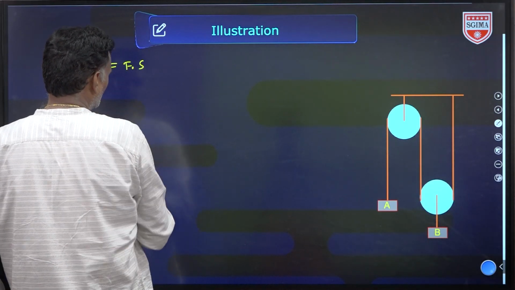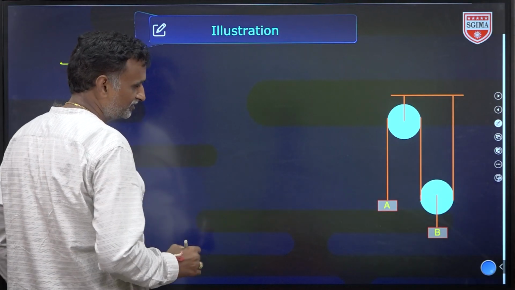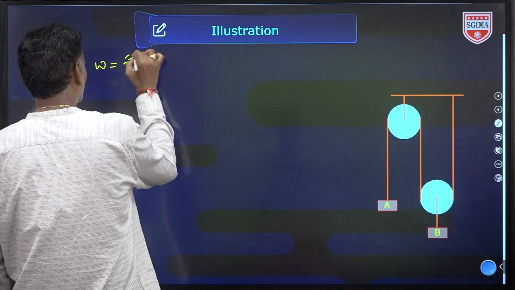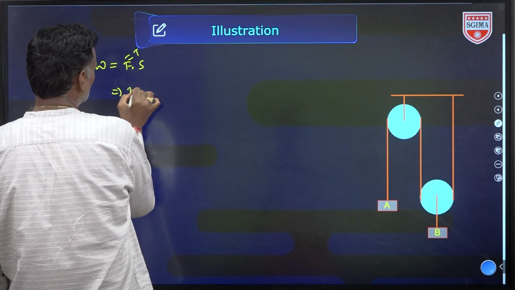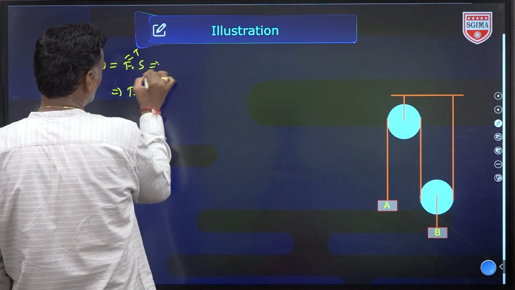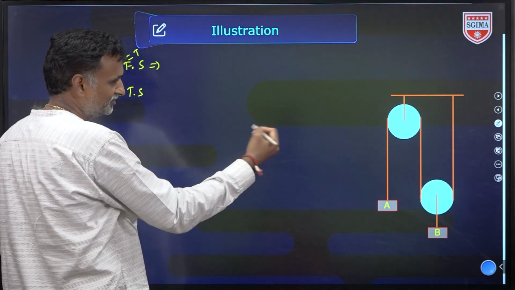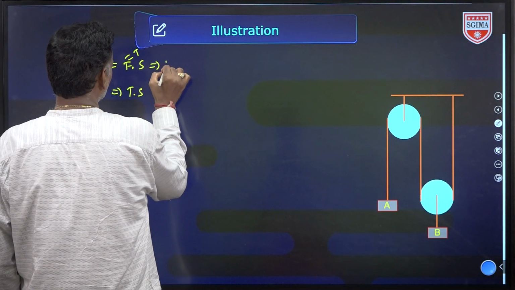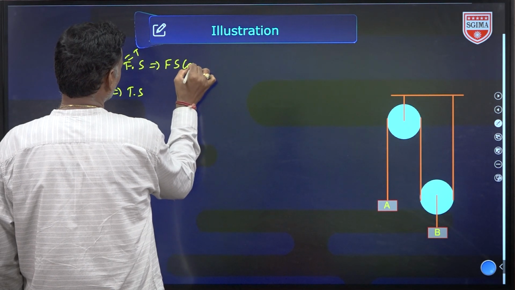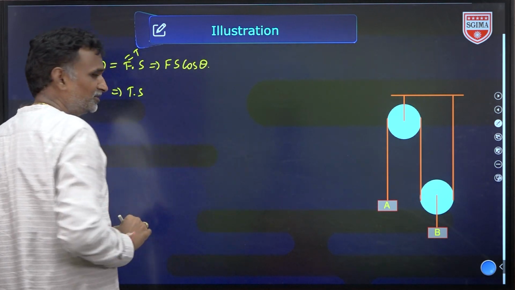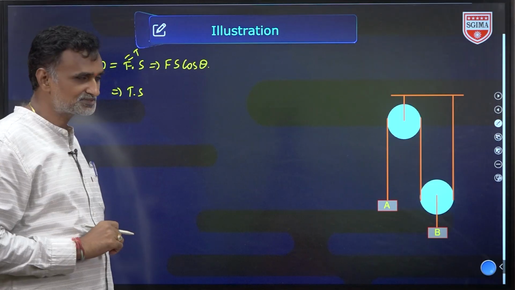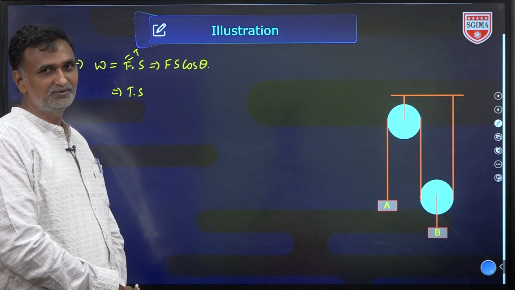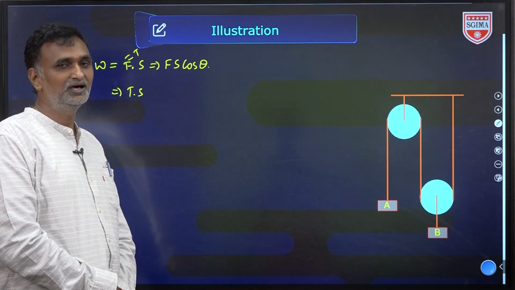Generally F dot S, and the force acting on the body at the pulley will be tension, so that is what I took here, T. So T dot S, or F only you can write, no problem. So F s cos theta for any angular position we can get. Depending on theta only we can define work done, whether it is positive, negative or 0.